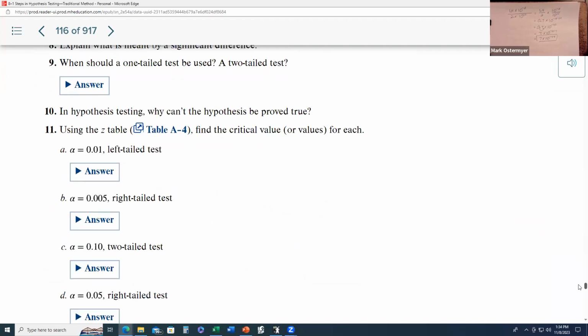I'm going to do problem number 11 here, okay?